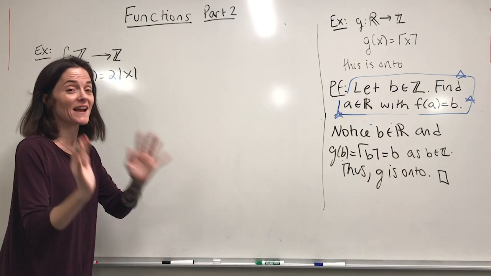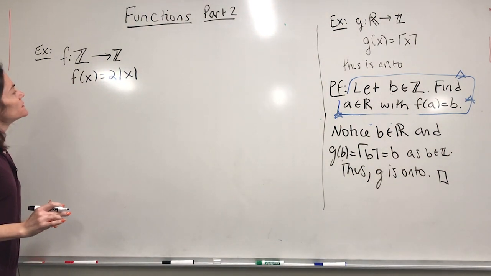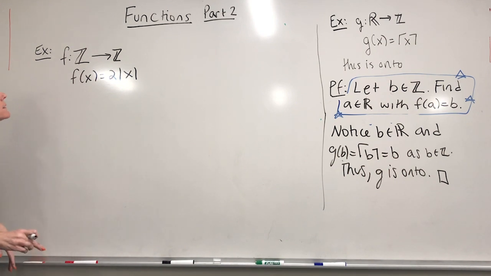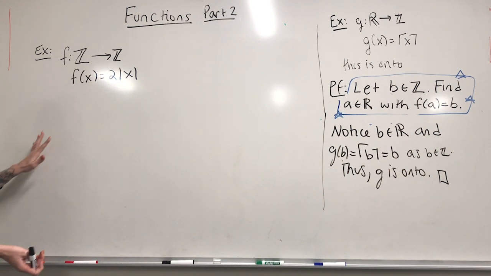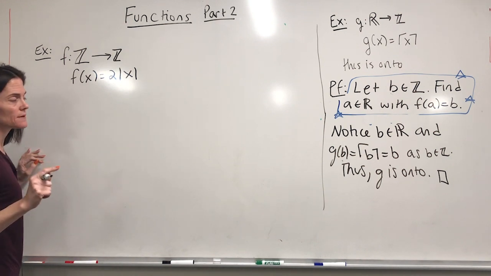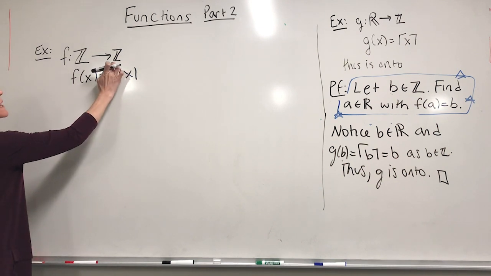That was part of our exercise. And we found that it only consists of 0, 2, 4, 6, etc. So we could use that argument here, that we found the image as a set and that was not equal to Z. Another way you can do it is find one element.